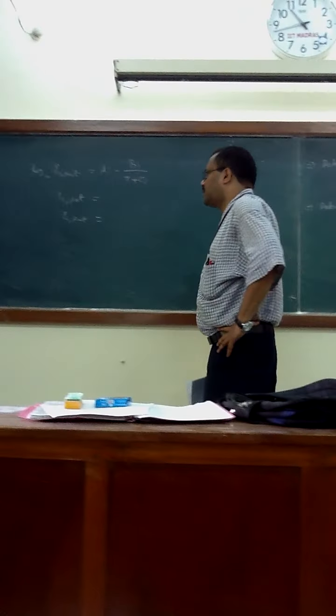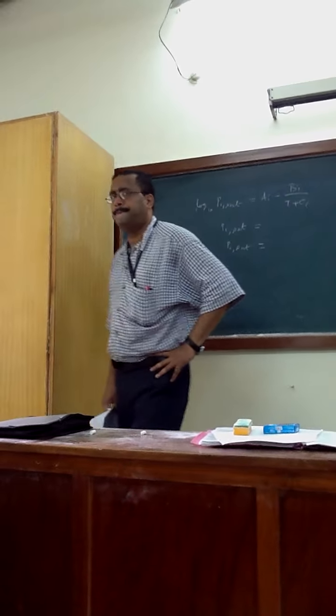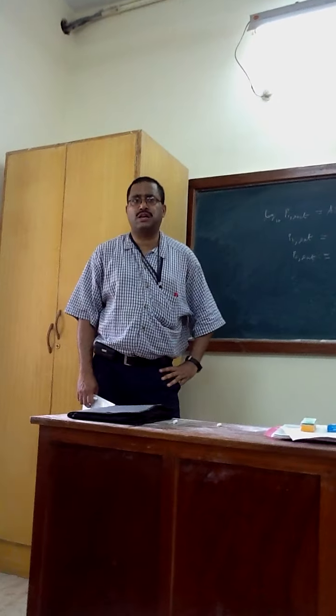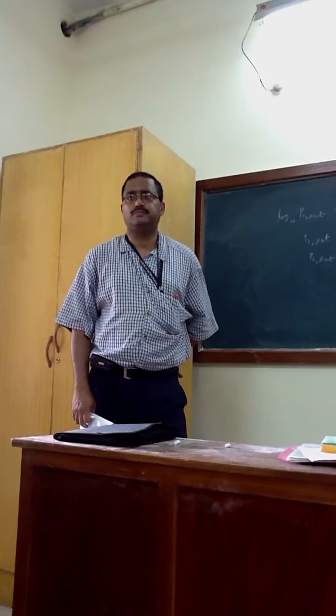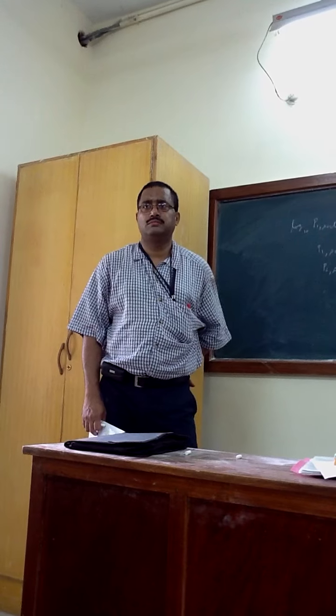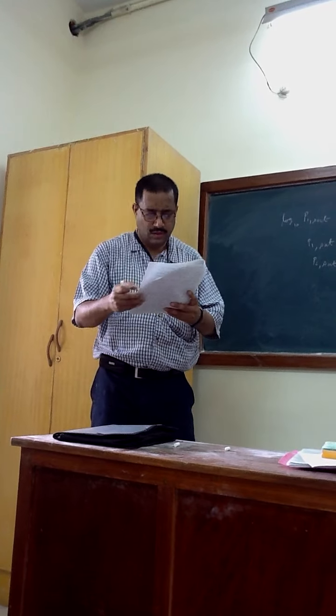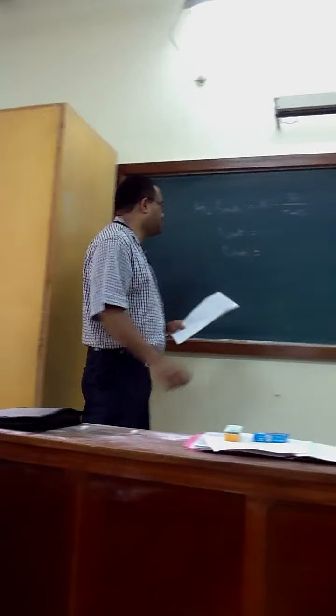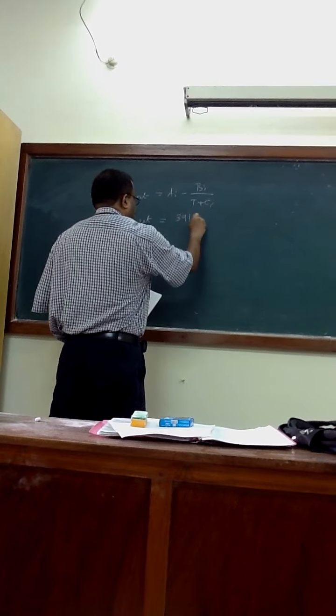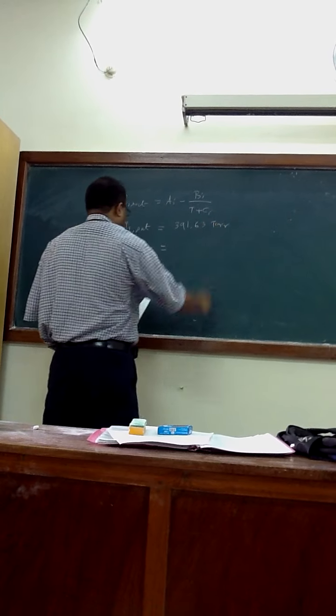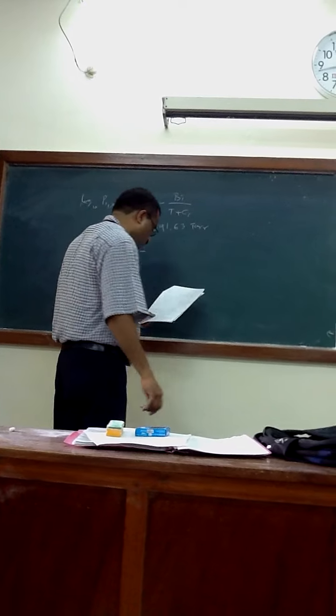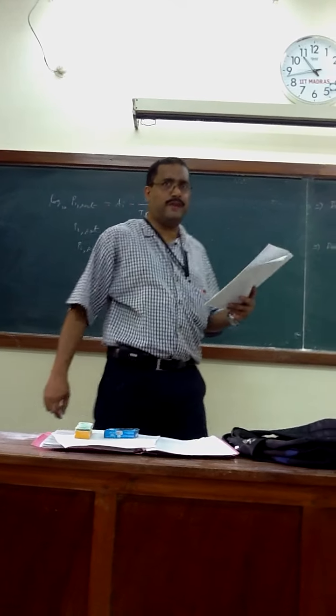How much is P1 sat? P1 sat is 391.50 torr. And P2 sat is 210.58 torr.